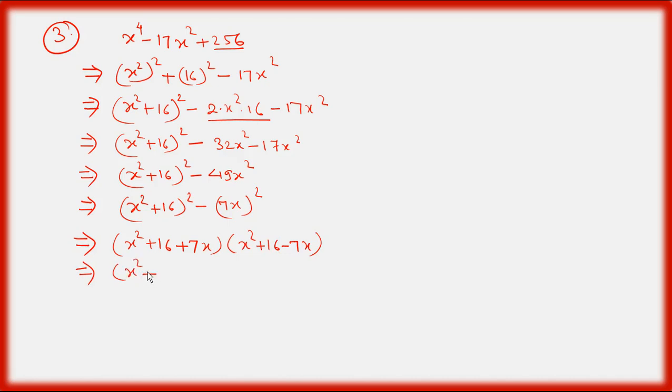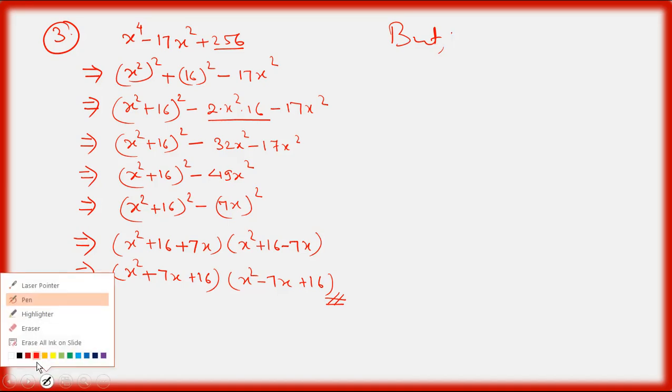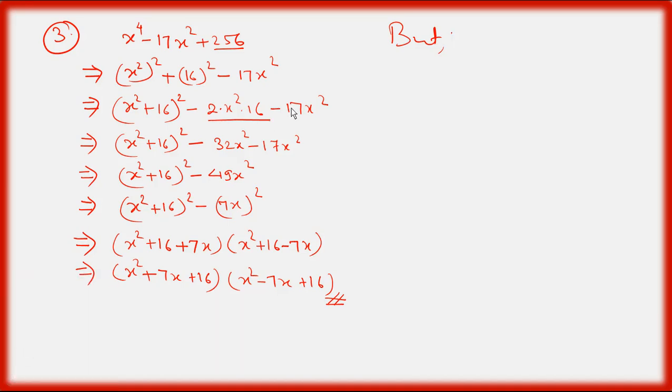Now we have to arrange x² plus 7x plus 16 and x² minus 7x plus 16. Can we factorize this or not? 16, 8 times 2, plus minus 7, not possible, or you can check further. But I will write it back, dear students. The same question we obtain in an easy way. Yes, firstly I have mentioned.